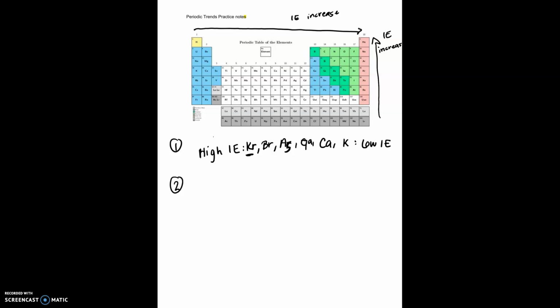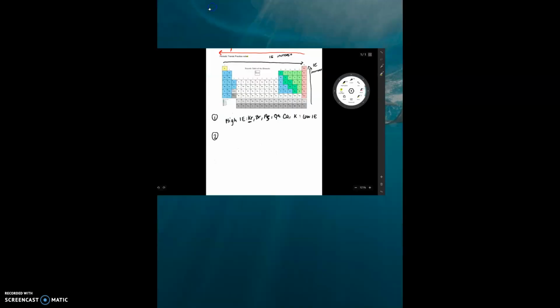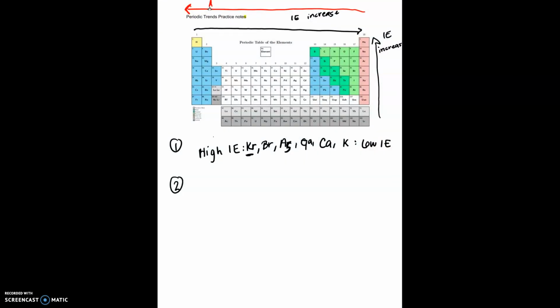All right, so we're going to use a different color. The atomic radius is going to increase going right to left, and it's also going to increase going down a group.